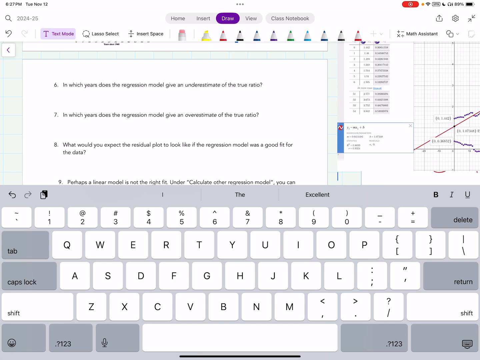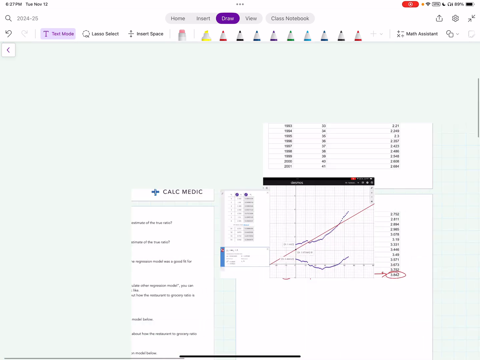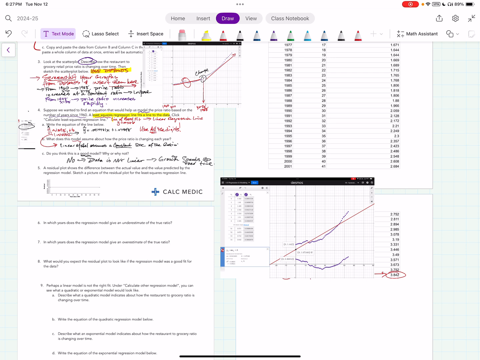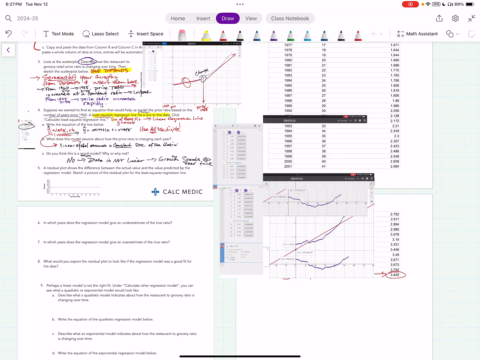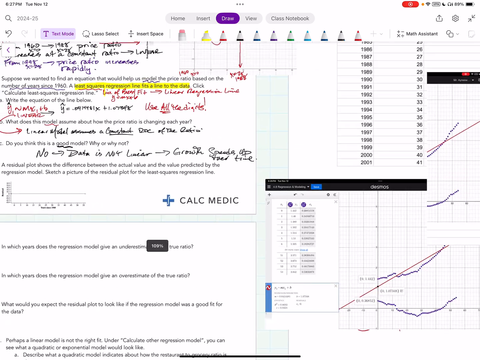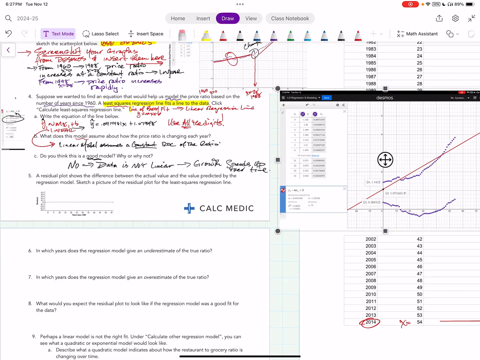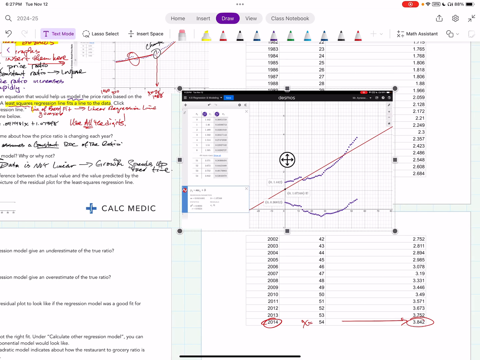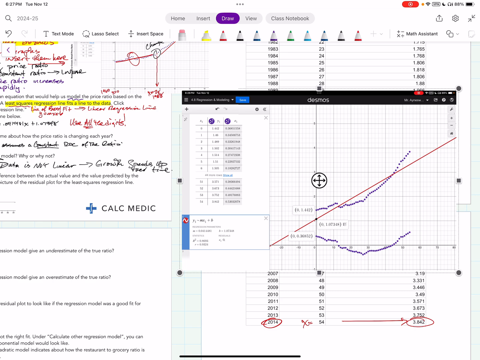I'm going to paste it in and bring it in and annotate it so we can work with it. I'm just going to put it on the side. That's close enough. It says sketch it in there, but I want to just put it off to the side. I'm going to make it a little bit bigger so you can see it here.